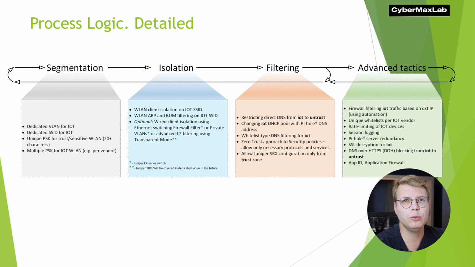They don't consume much traffic usually, but again, you can enforce some protective measures to make sure that they don't, let's say, go above a certain threshold. You can log your sessions on the firewall for different devices using a dedicated log file. You can create Pi-hole server redundancy. This is something I would recommend. There are different cases which you can store your device in.